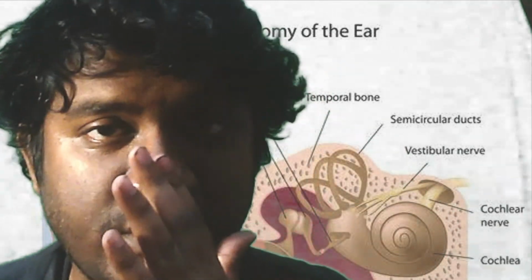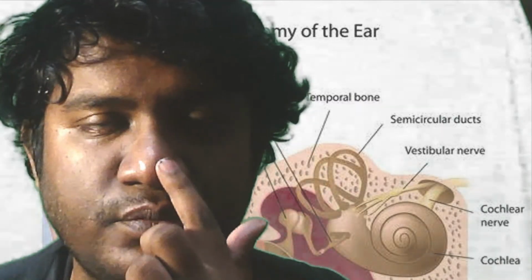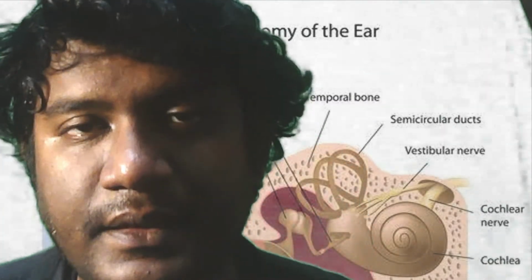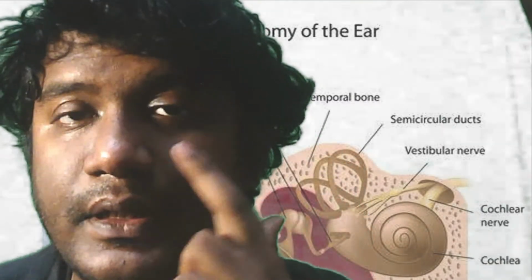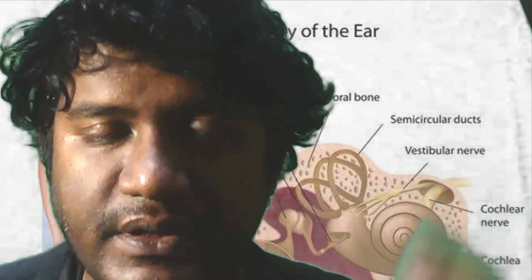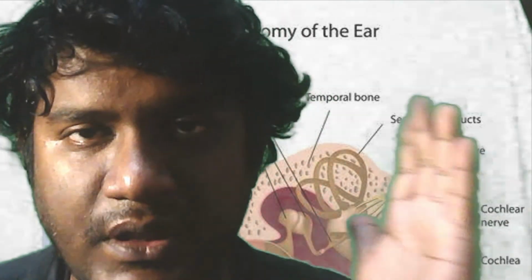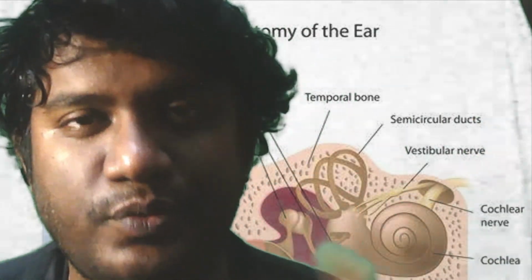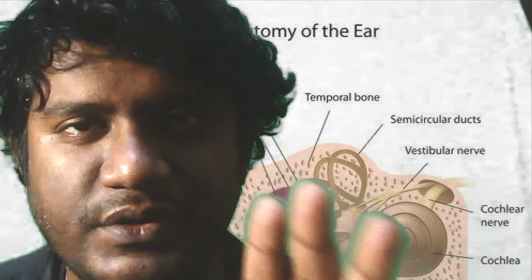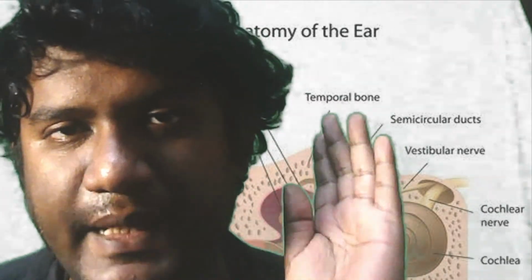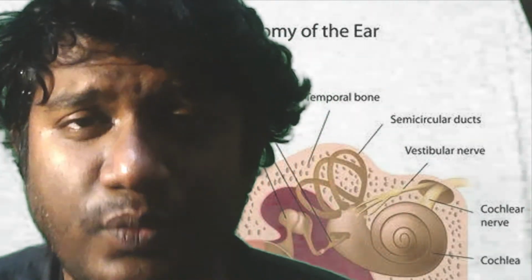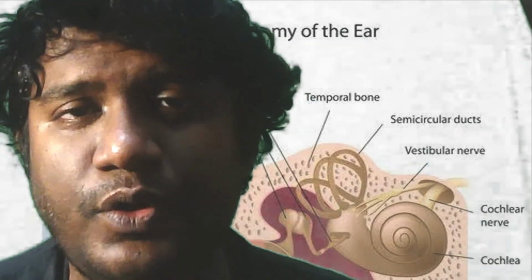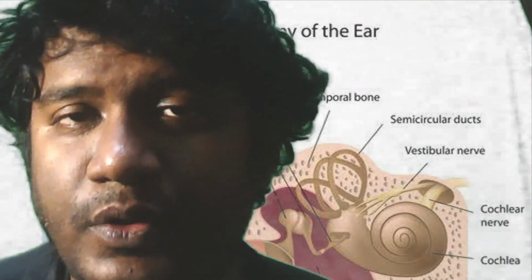Nose is more towards the midline than the ear, so nose is more medial than the ear, and ear is more lateral, more towards the outside. So lateral means more away from the midline. Medial means more towards the midline, anterior means towards the front, posterior means towards the back. So these are the 6 walls of the middle ear: anterior wall, posterior wall, medial wall, lateral wall, roof, and floor.